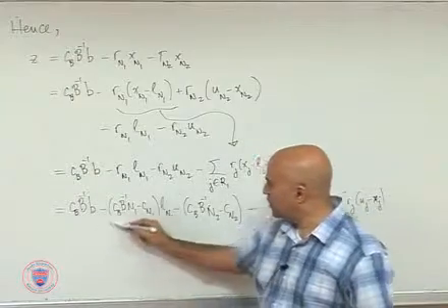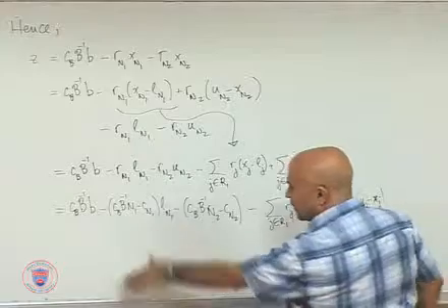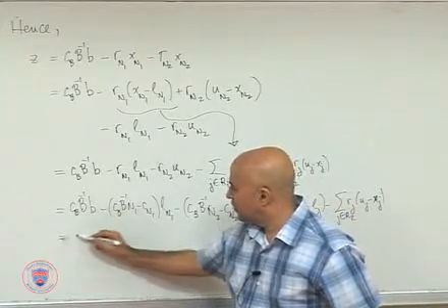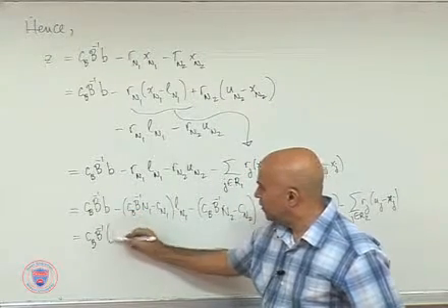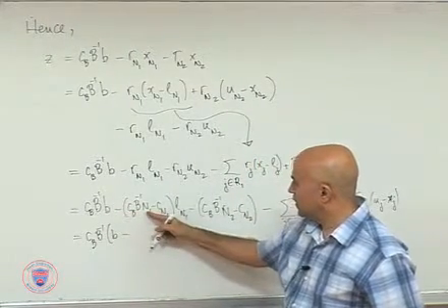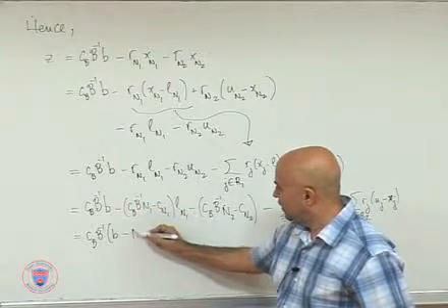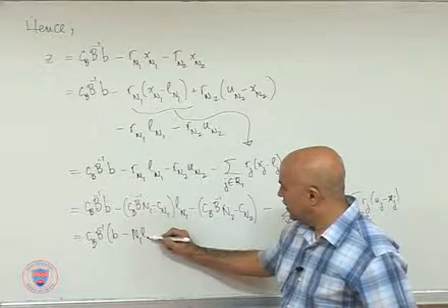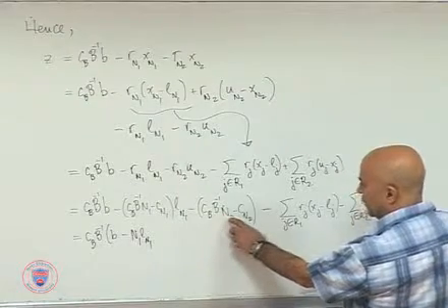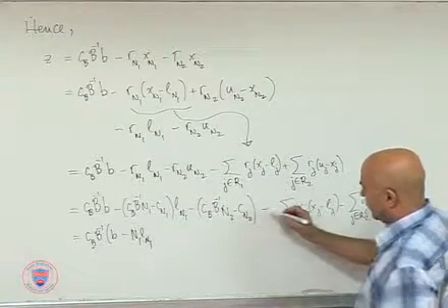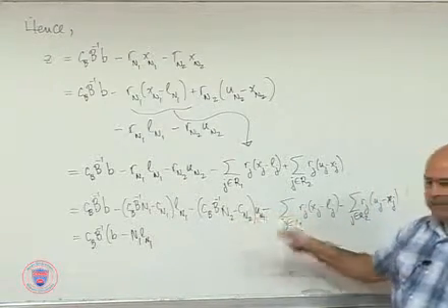Now, if you simplify this, what do we get here? Let's just do it. CB B inverse into B minus N1 L1, right? And then from here, there's something missing. This is UN2, sorry.